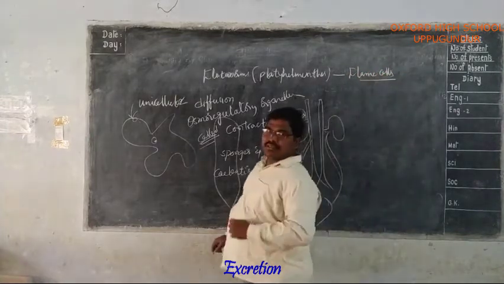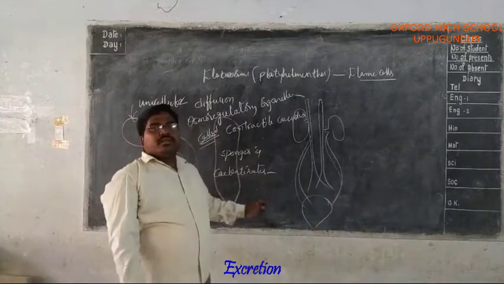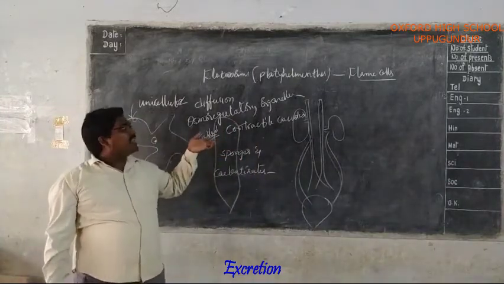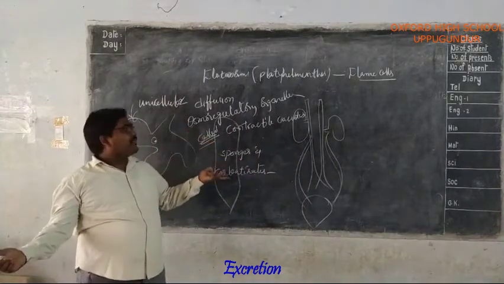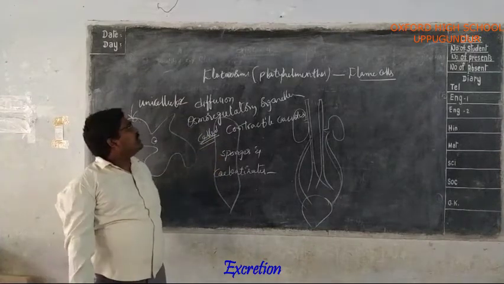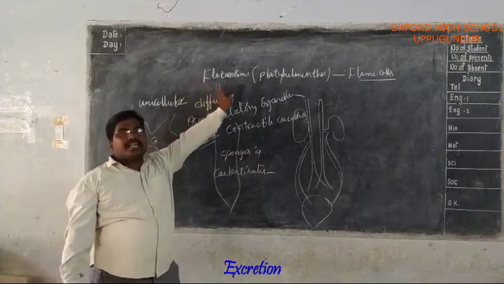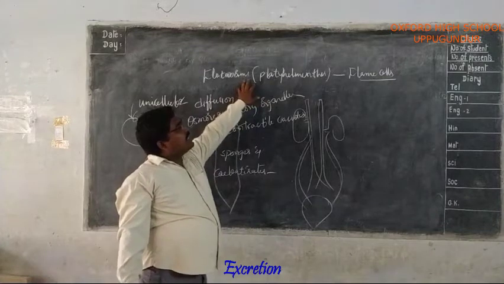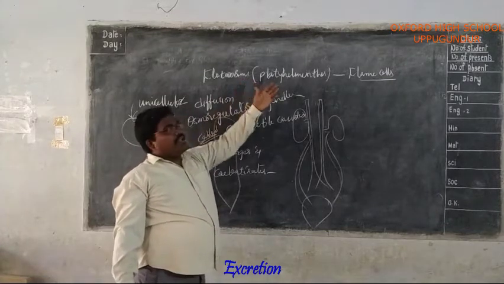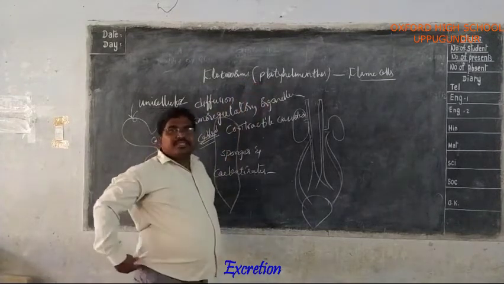That is about different types of excretory organs present in different organisms. For example, I explained a few of them. Platyhelminthes are the first organisms where we can see the excretory organs, named flame cells.